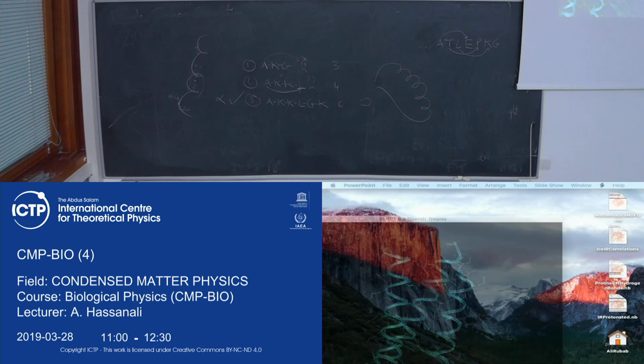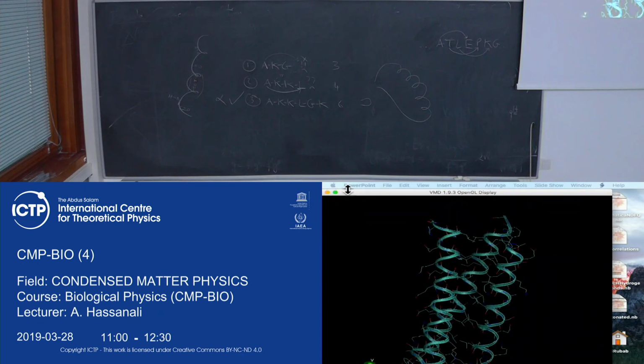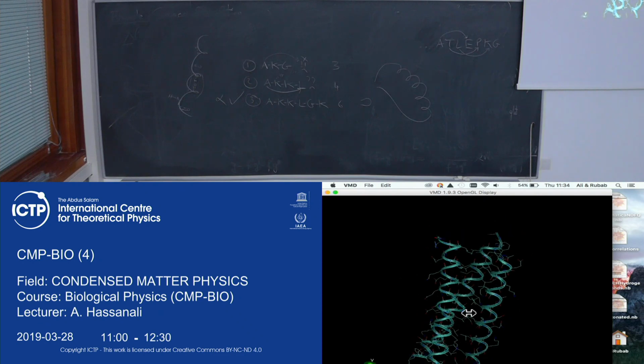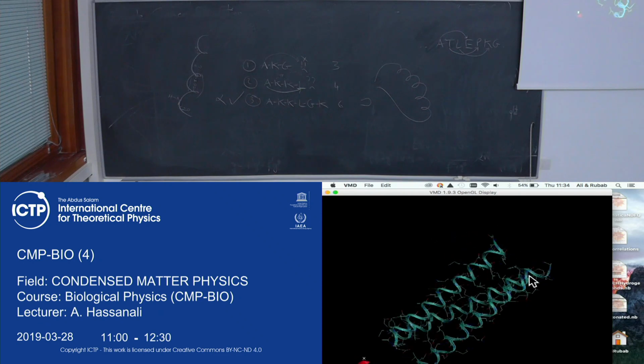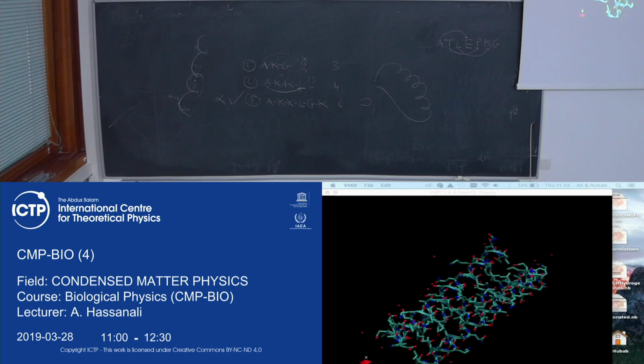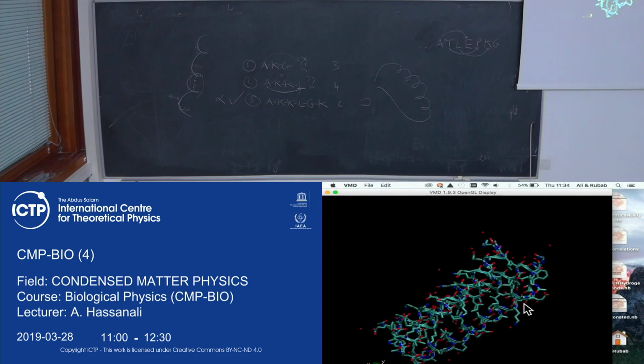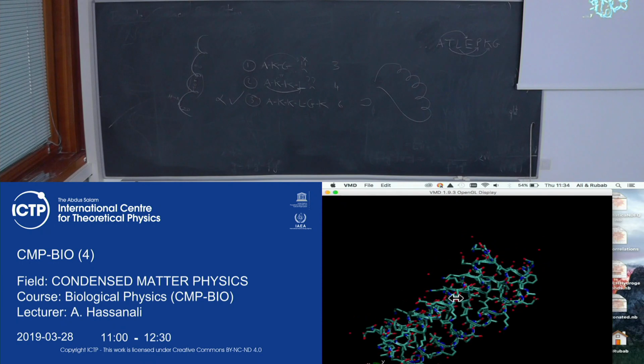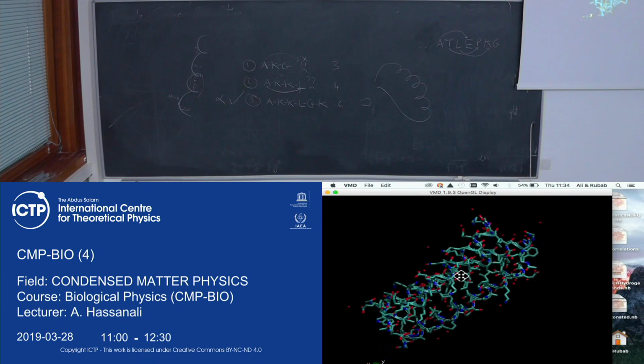Okay, so let me also do the following. So this is a real structure from an experiment.